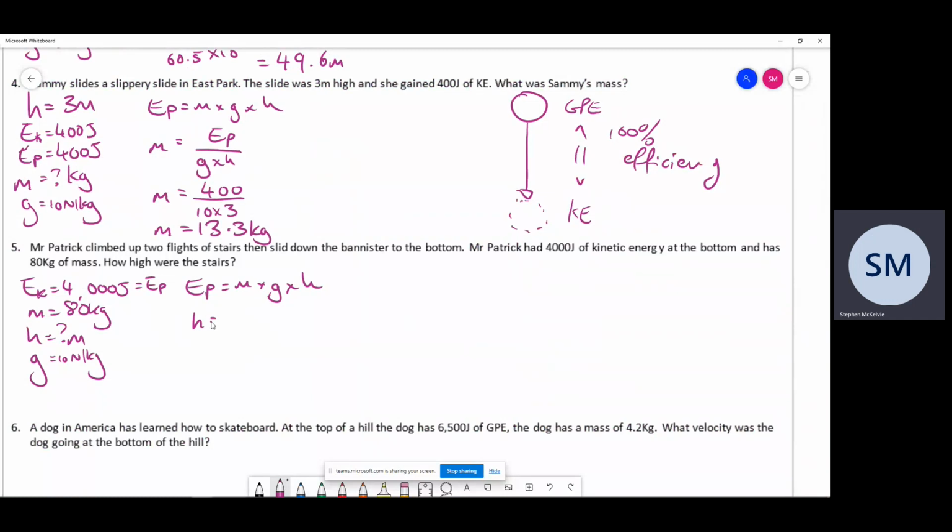And I can use this equation because it has mass and gravity and height. So again, I'll do A over B, 4,000 over 10 times 80, 5 meters high.